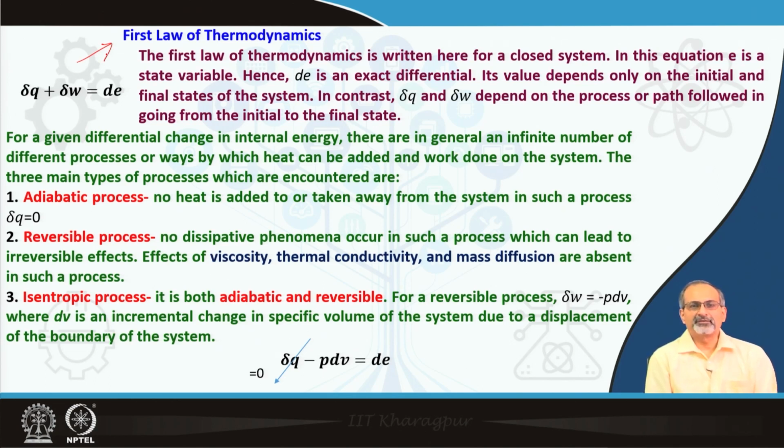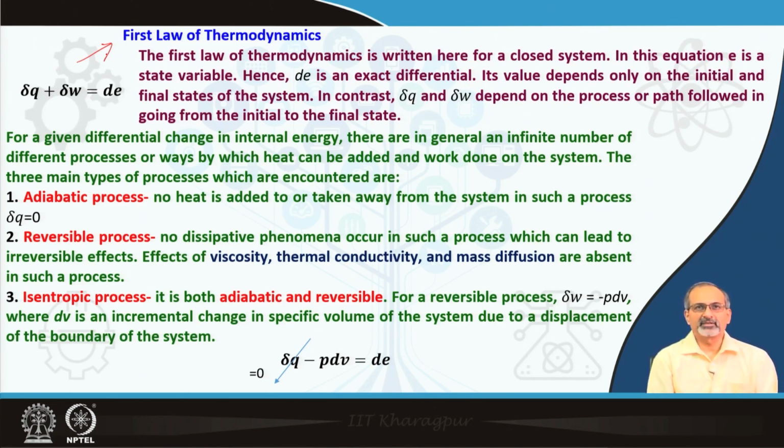Now, for a given differential change in internal energy, there are in general an infinite number of different processes which you can think of connecting those 2 state points, and thereby there are different ways of adding heat and the work done by the system.